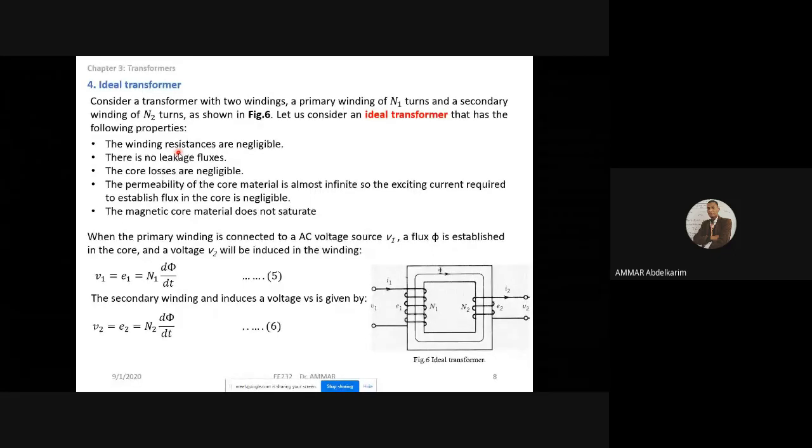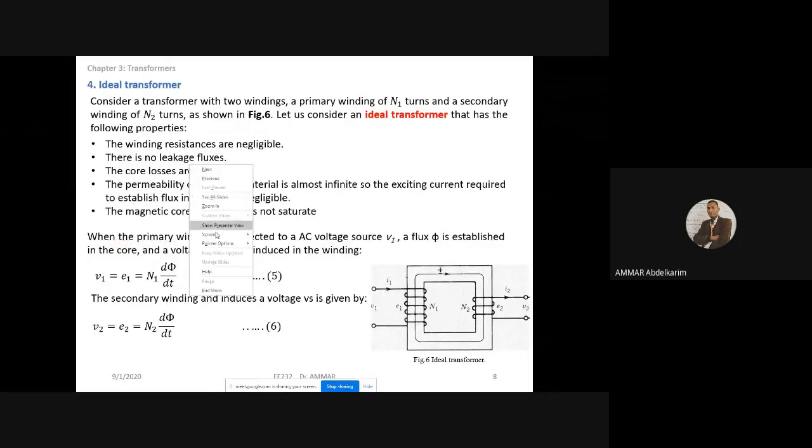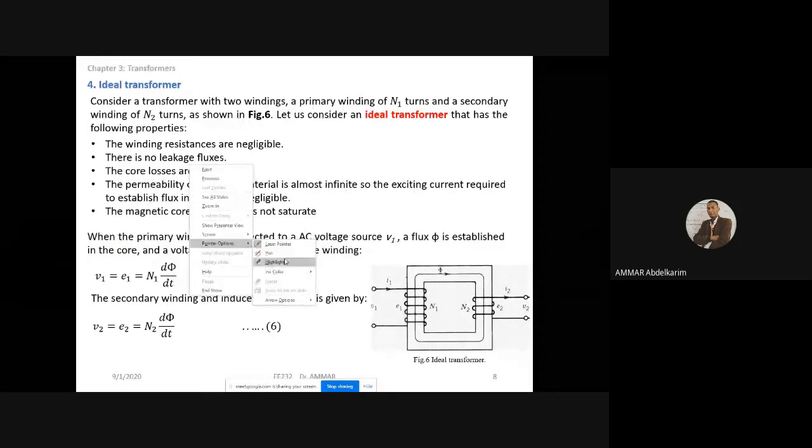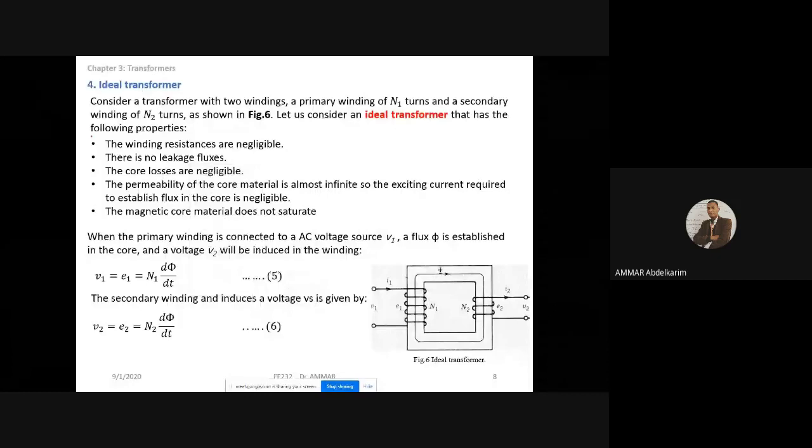There is no material that does not saturate, or material without resistance. Those are assumptions in order to simplify our studies before passing to the real transformer. So you should save them in your mind when we have an ideal transformer.